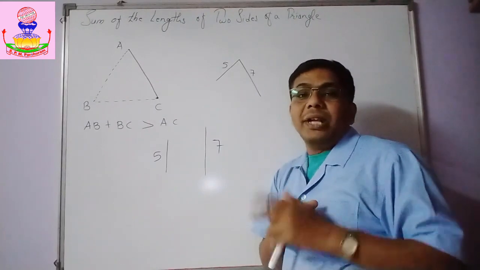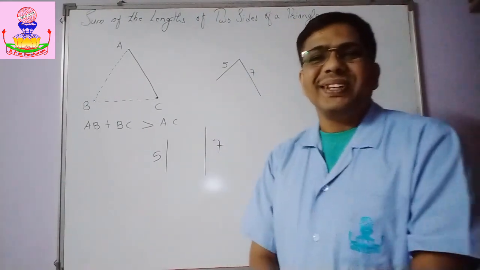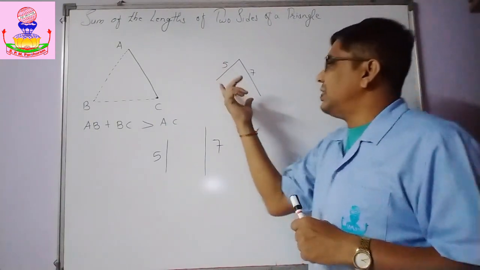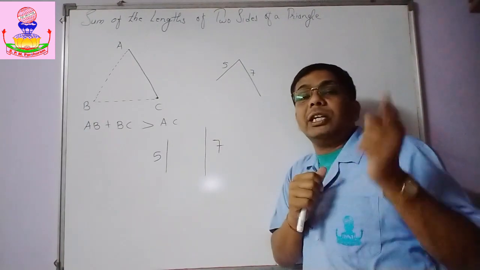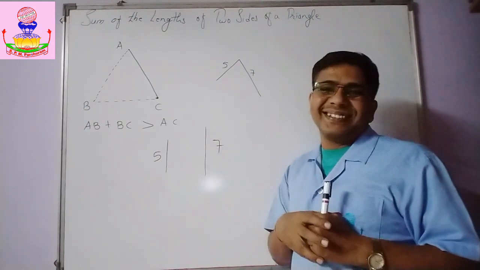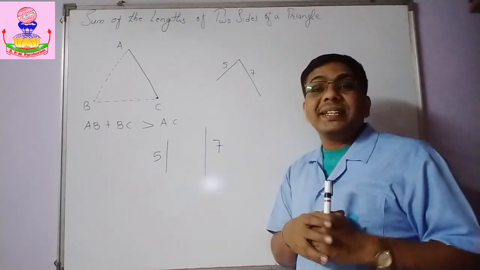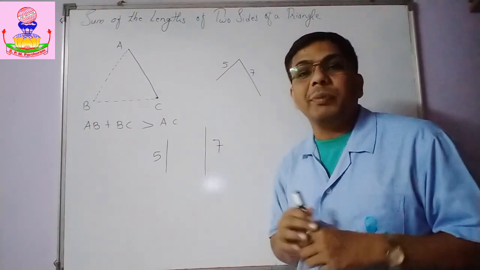Now see the difference. 7 minus 5, 2. Now we know that the difference of the two sides is always smaller than the third side. That means the third side should be greater than this difference. It should always be greater than the difference. So the difference is 2, so the third side should be bigger than 2.